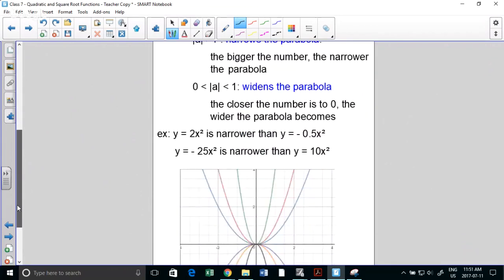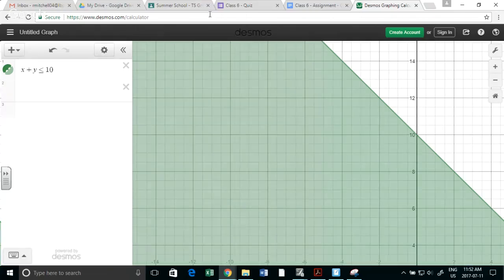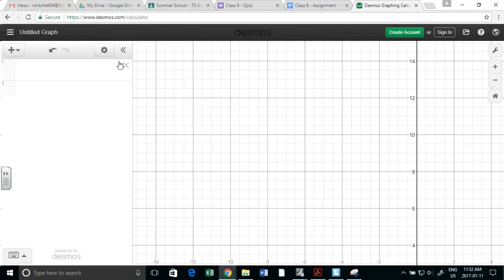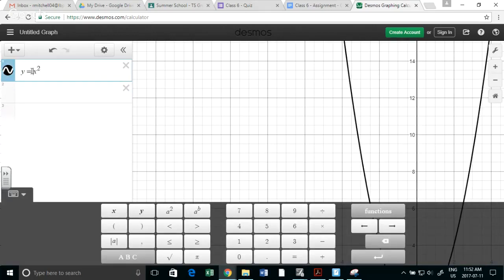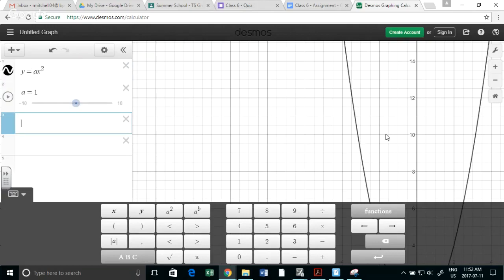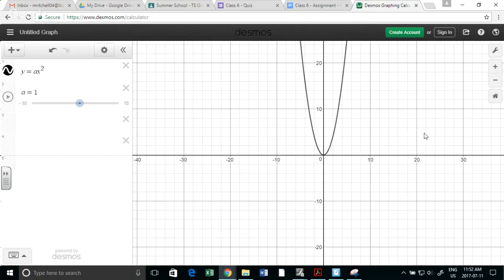This value of a either shrinks or opens up the parabola. So for instance, let's go to this. y equals x to the 2, and if I put an a there, add a slider, fantastic. Here's what I got.